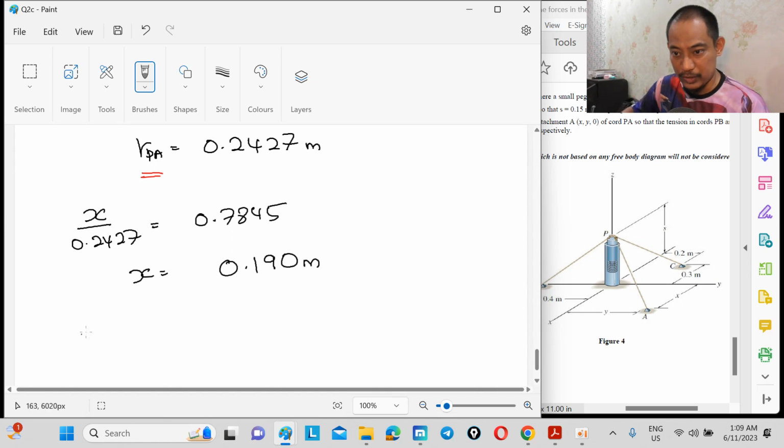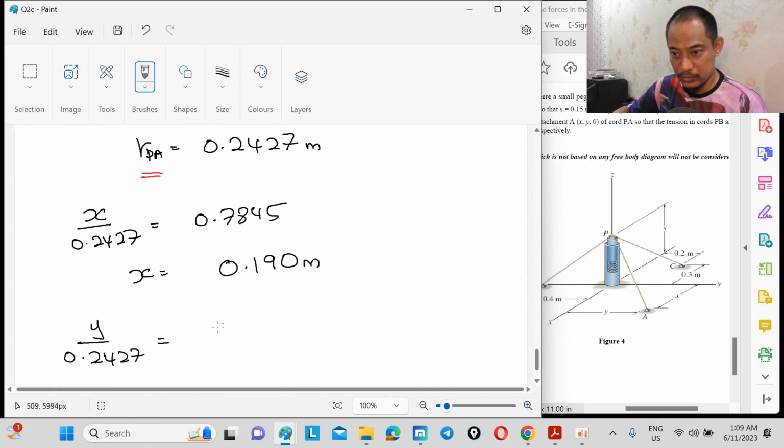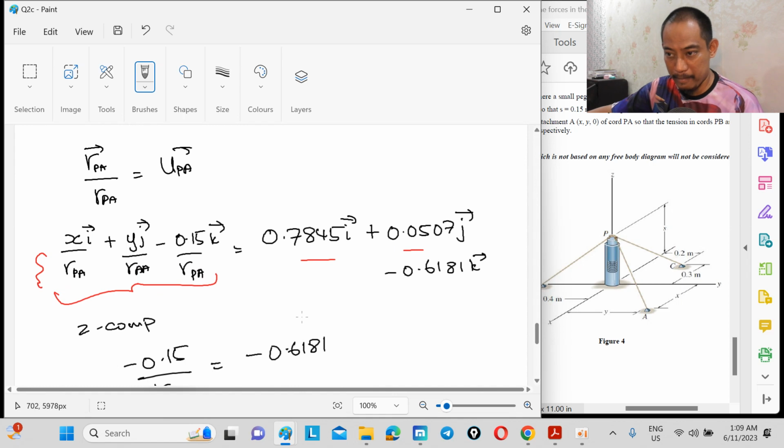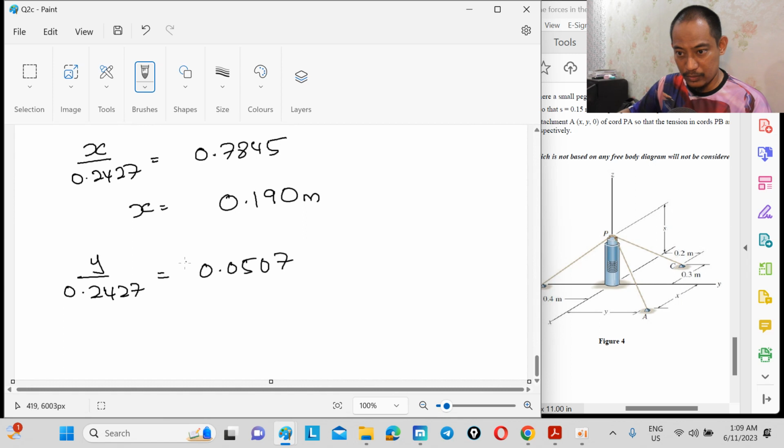So okay, y over RPA, or 0.2427, should be equal to 0.0507. So from here you get y equal to 0.0507 times 0.2427, which is 0.0123 meter.